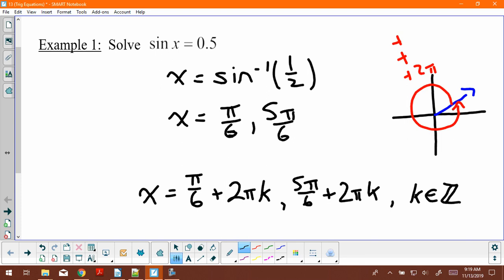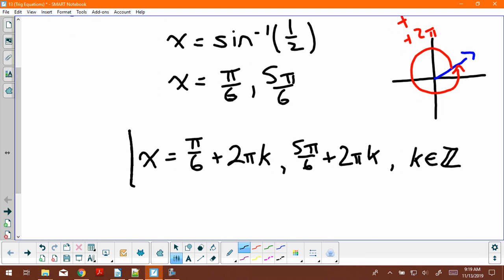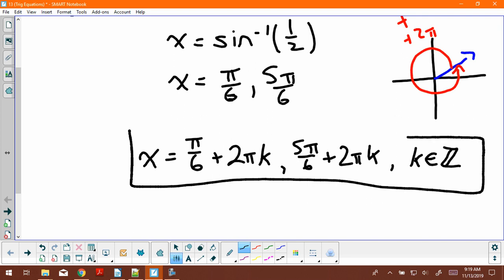That expression is saying that I can add any whole number multiple of 2 pi, positive or negative, to my angles, and that is also a solution to this equation. Unless you're given an interval that says it's between here and here, this is the general solution to that equation.